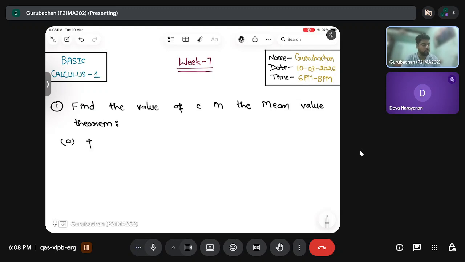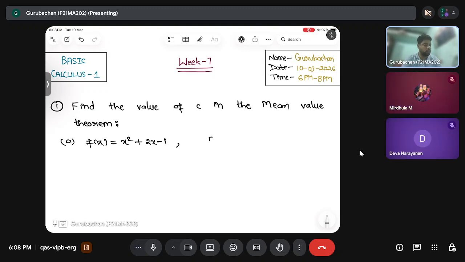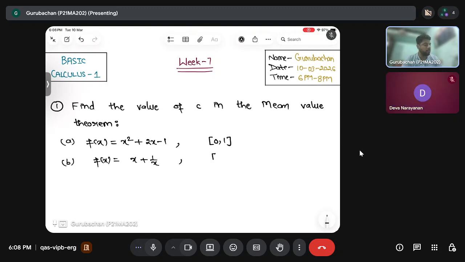First one is x square plus 2x minus 1, and the interval is 0 1. Second is x plus 1 by x, and the interval is half to 2. So we have given the following functions and we have to find out the C values in the mean value theorem.